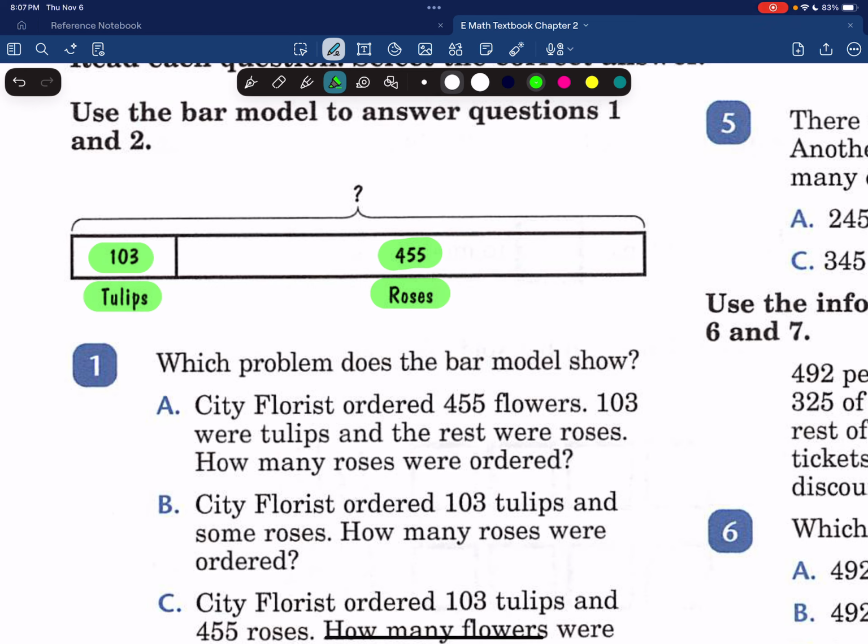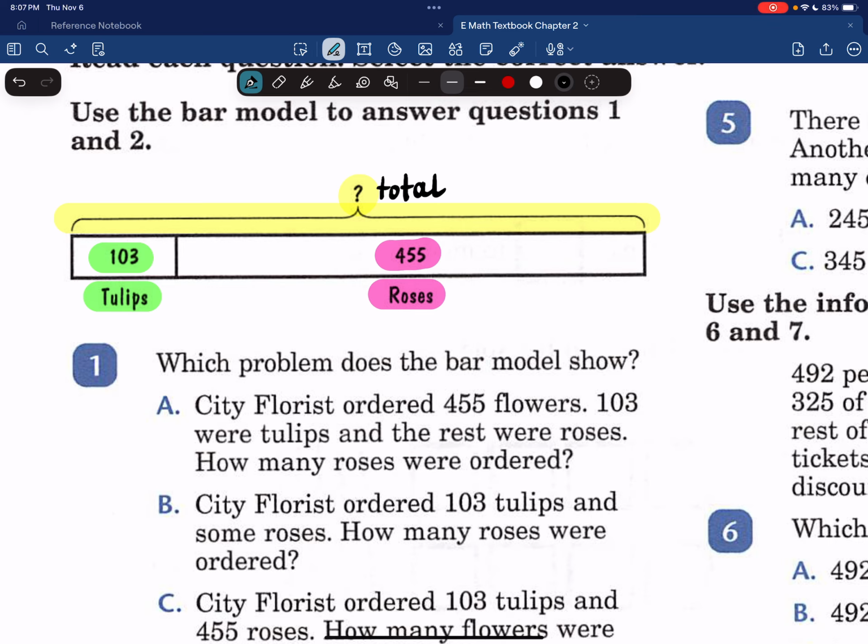The roses are much bigger than the number of tulips. What we do not know is the total. We do not know the full bar amount. The total is what we're missing.